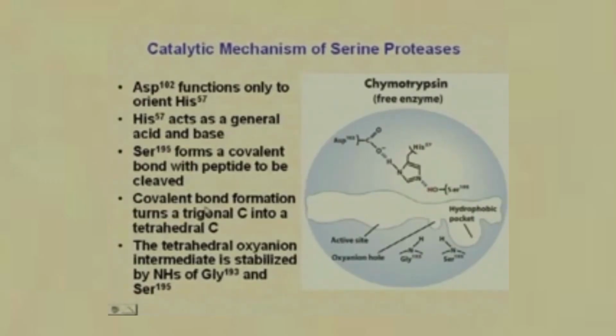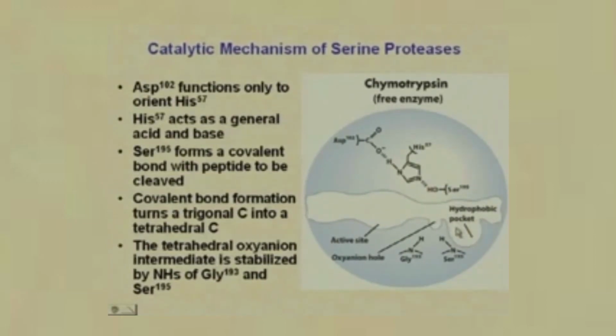When we have a covalent bond formation, we have a trigonal carbon form into a tetrahedral carbon. We'll go through the steps one by one. Now what is going to happen is, this is the active site pocket that you see here, the one in white. So this is our active site, this is our hydrophobic pocket.